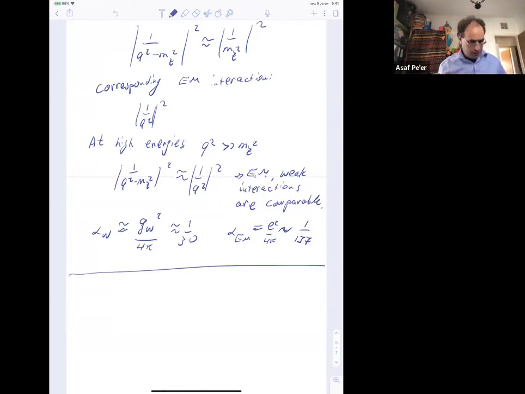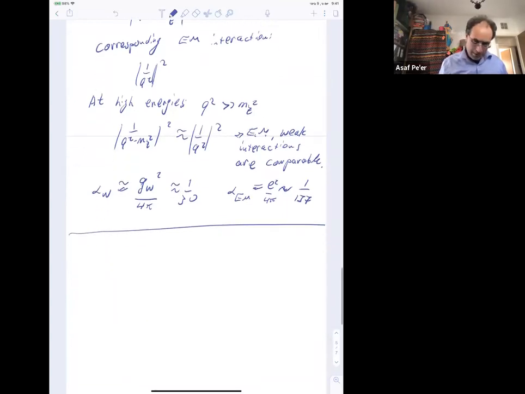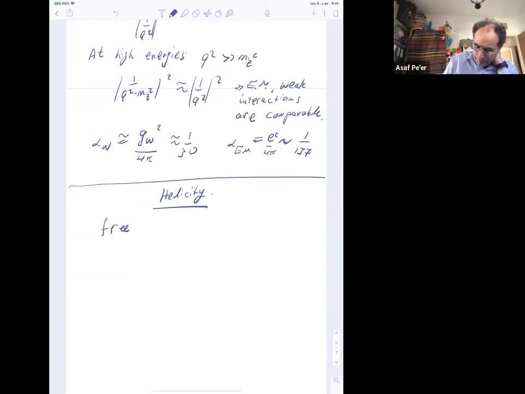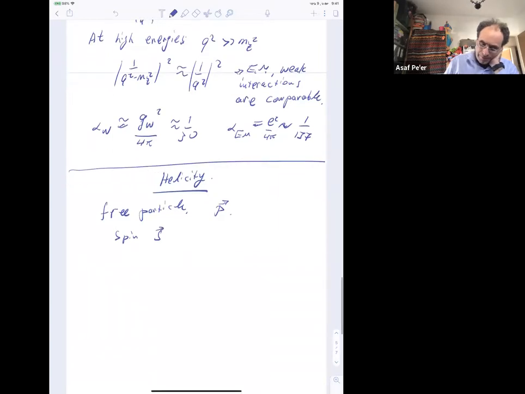Then another thing, okay, a few more things to say. Helicity. So we discussed helicity. Just want to do a quick recap of a few things. So when we have a free particle which moves at constant momentum p, then the projection of the spin s on the direction of motion is called the helicity.